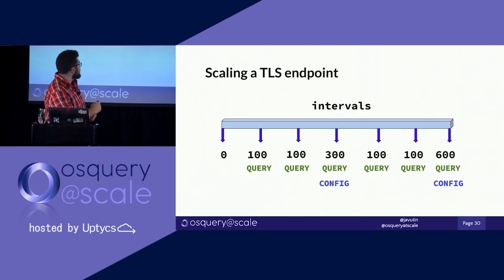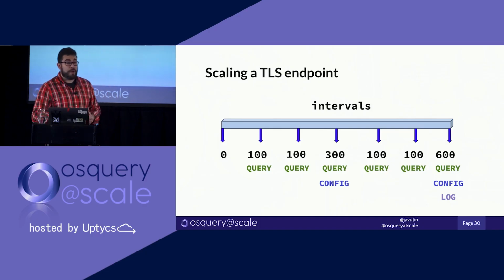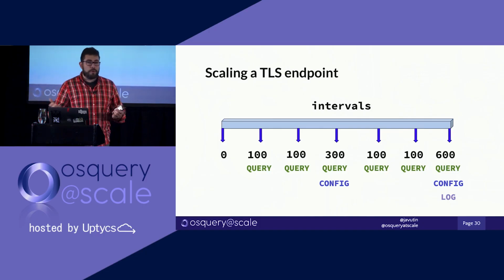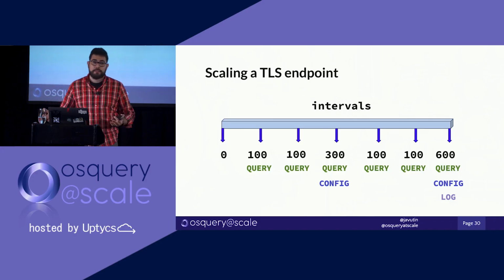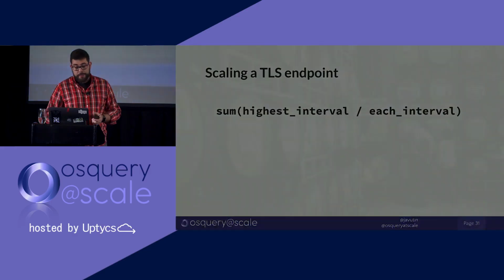So you have to count one request, one request, one request, one request, one request, one request, here also another request for configuration, and then at 600 you're going to have another one. And this is for a single machine. When you have n number of nodes, how can I literally estimate how many requests per second?